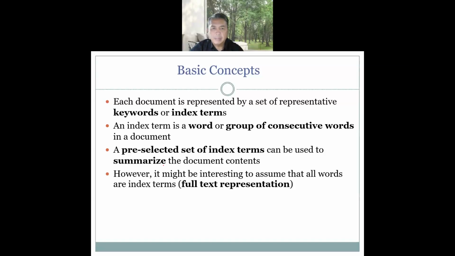However, it might be interesting to assume that all words are index terms. Meaning, how large is your vocabulary that you can fit into the system. Okay, so if you look at your dictionary, some of the stop words are not there. They are called stop words because they do not carry any meaning.